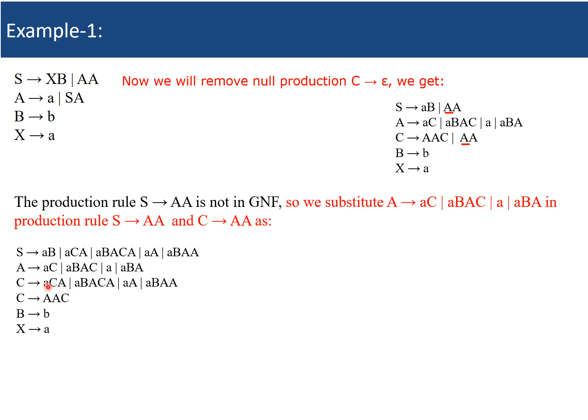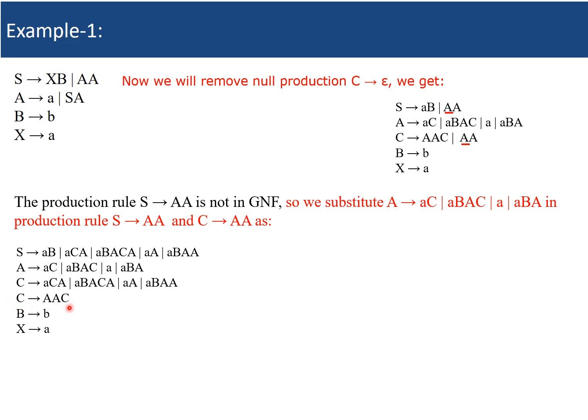If I replace this C, one of the rules is not in GNF, then you can replace this A by the A production. Again, it now becomes GNF form. So these are already in GNF, we can retain.